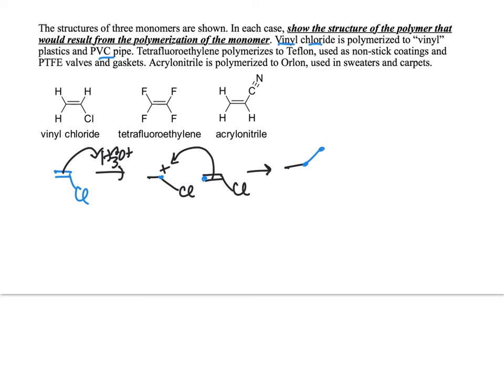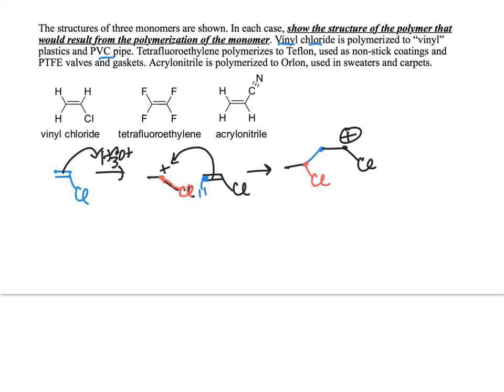So let's draw the chlorine here. This is the chlorine here on this carbon. And now we have this carbon here, the new bond, and we have the chlorine here, and we have the carbocation here.